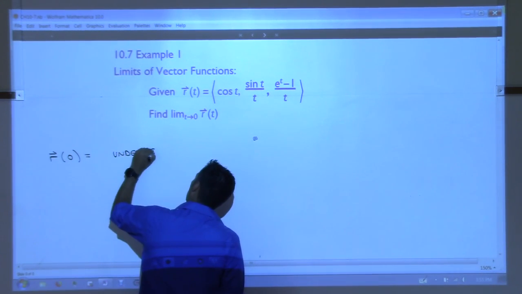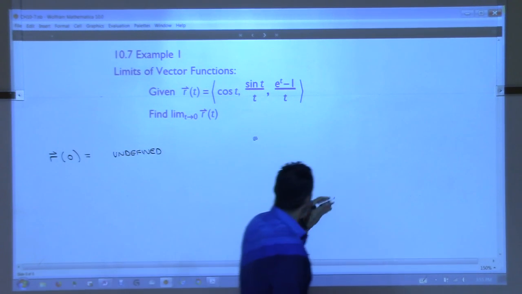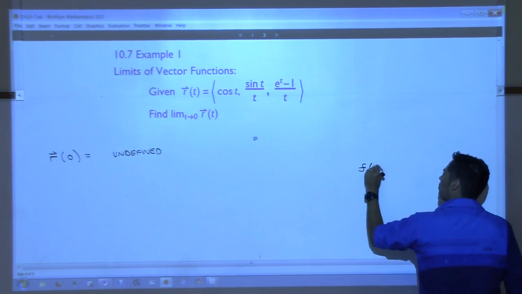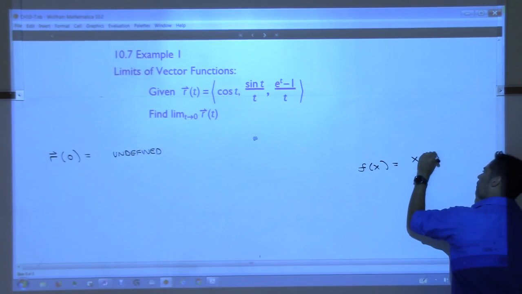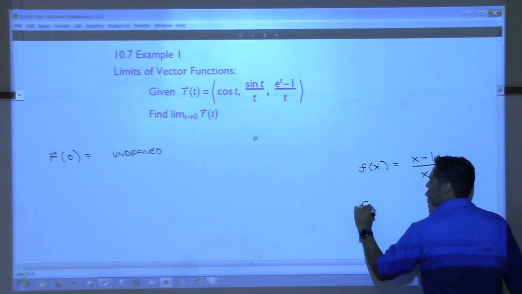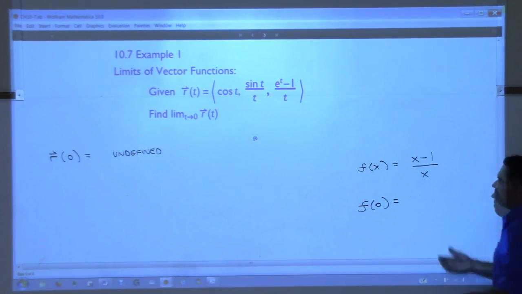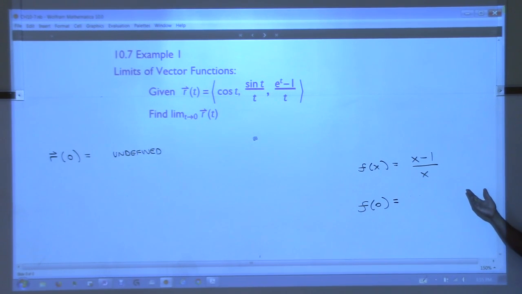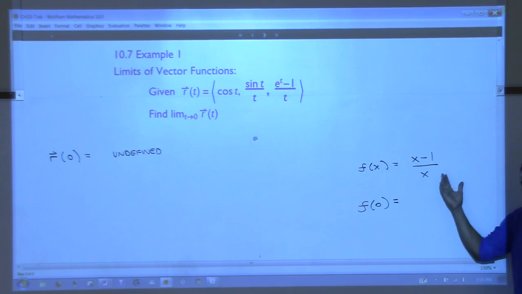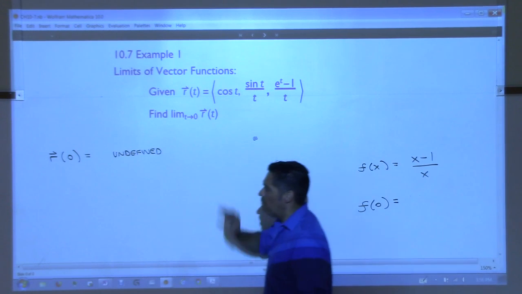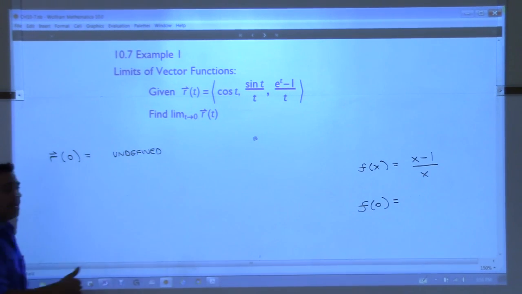If I ask you to plug 0 into that, that's like me giving you this right here, and I ask you to figure out what f of 0 is, right? You can't plug it in. You can't have division by 0. So we can't plug 0 into this, but that's not the question. The question is, what is the limit as t is approaching 0?